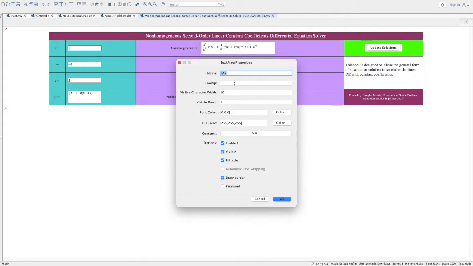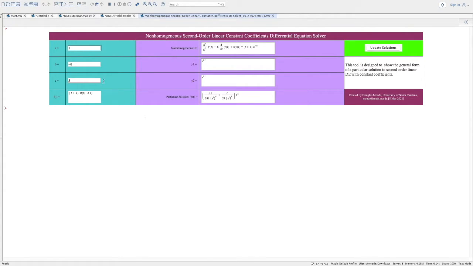The names are case sensitive, and I can set the width of it, the number of rows, colors. I can set different values for this. I can protect things. I can make them visible or editable, and I'm not going to change anything there.